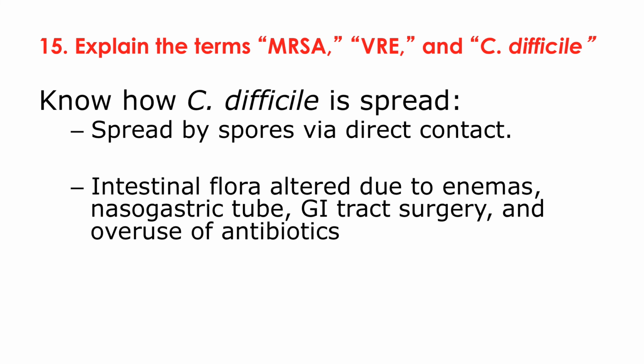Now for C. diff, it's spread by spores, okay? It's an intestinal flora altered due to enemas, nasogastric tubes, GI tract surgery, and overuse of antibiotics. Because of overusing antibiotics, we actually killed some of the good bacteria in our stomach that helps keep these intestinal floras in check. And so once we have this, it's hard to get rid of, okay, and it causes diarrhea.